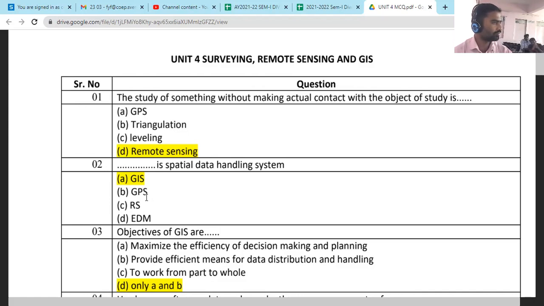GPS is Global Positioning System. RS is Remote Sensing. And EDM is Electronic Distance Measurement.